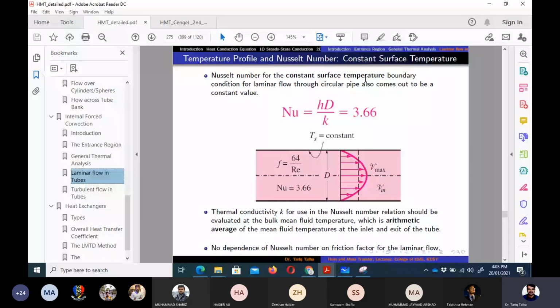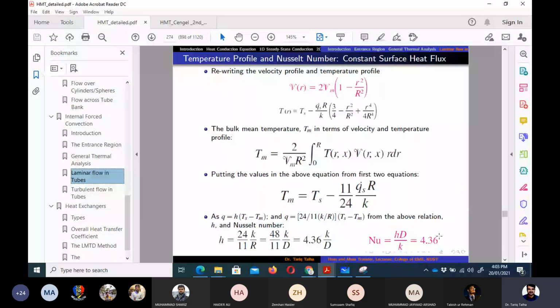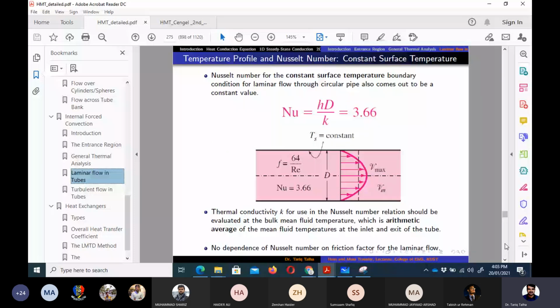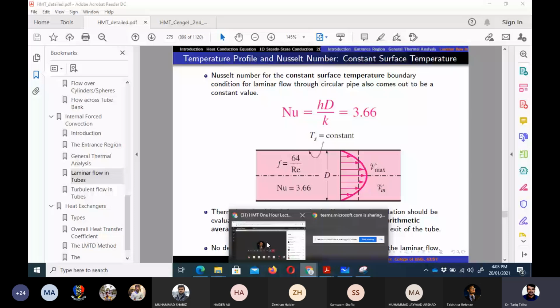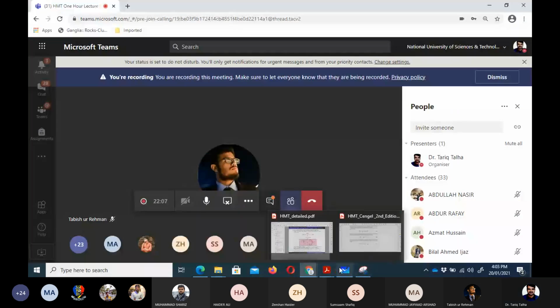So this derivation was for the constant heat flux boundary condition, and if we do the similar steps for the constant surface temperature boundary condition, the Nusselt number again becomes a constant value, which is 3.66. Yes. Any query? Anything you want to ask?